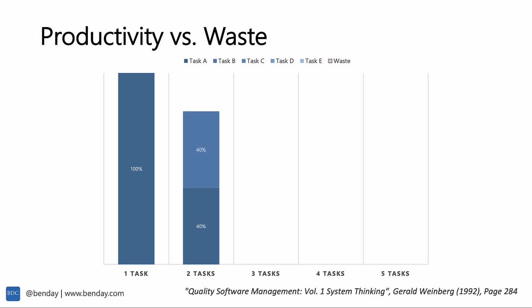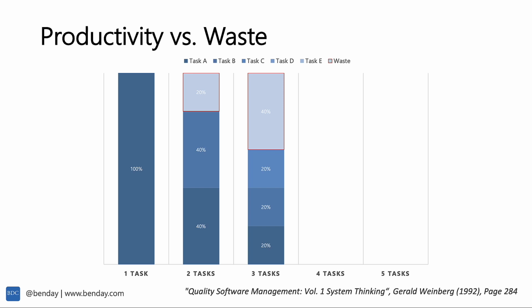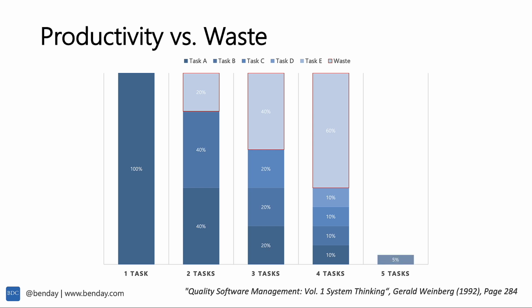If they had 2 tasks, they'd spend 40% on task A, 40% on task B, and they'd have 20% waste. Suddenly, 20% of their time would disappear. 3 simultaneous tasks, it was 20% on each of those and 40% waste. 4 simultaneous tasks, 10% on each, 60% waste. 5 simultaneous tasks, 5% on each, and 75% waste.